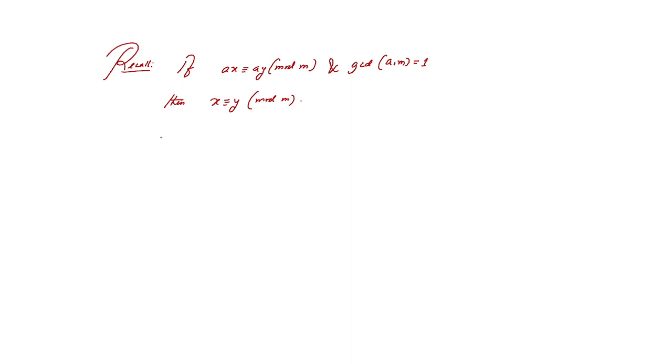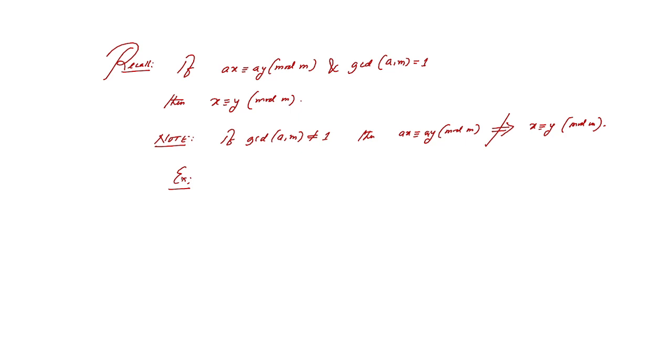But note, if GCD of a and m is not equal to 1, that means a and m are not coprime, then ax congruent to ay modulo m does not imply x is congruent to y modulo m.